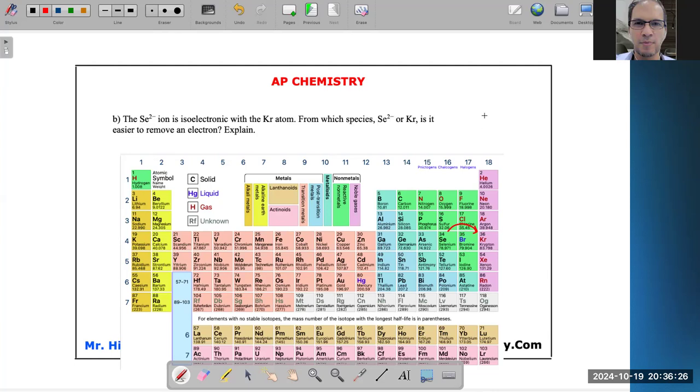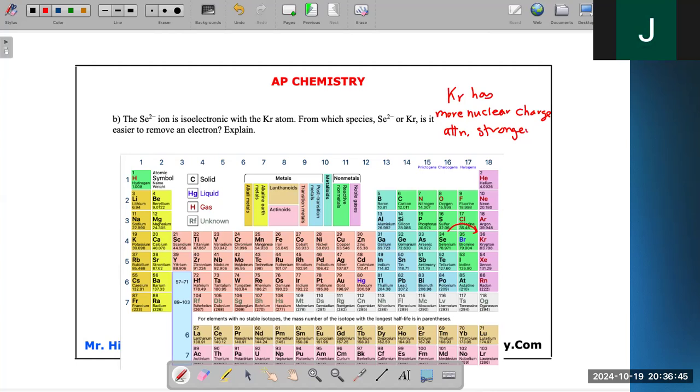Nice, but I want more explanation, electron wise and proton wise. Krypton has more protons, so it has more nuclear charge, so the attraction will be stronger, so the ionization energy will be bigger.